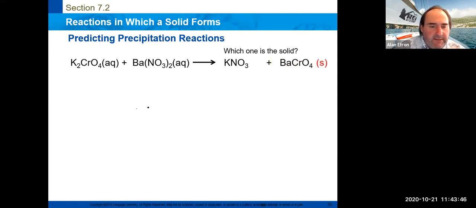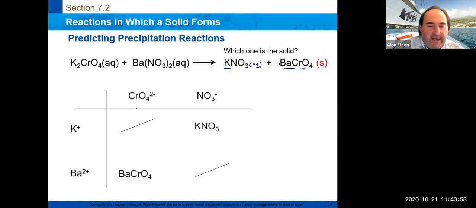Again, it could be one of these two things, but as we talked about before, as soon as you see that potassium, you pretty much know that's going to be aqueous. And then obviously our chromate is going to be insoluble. So that is the guy that should get our solid in this double displacement. Again, sort of a decision tree there, our switching of partners and using those solubility rules. Any questions on that one there?